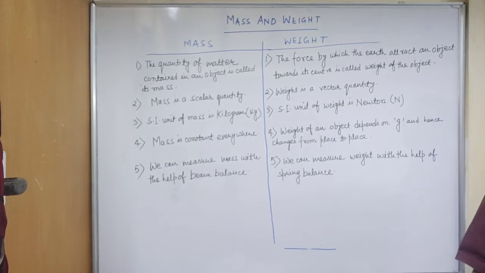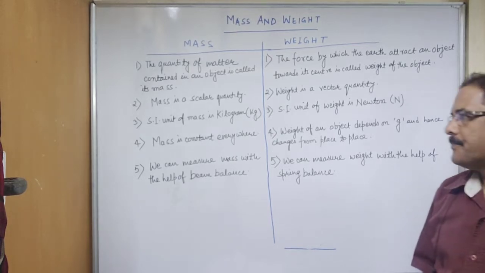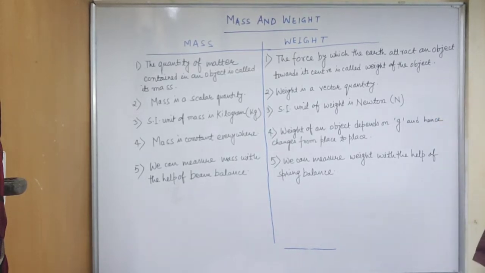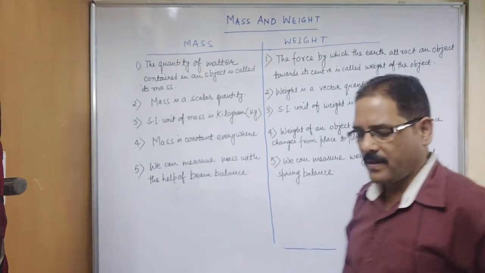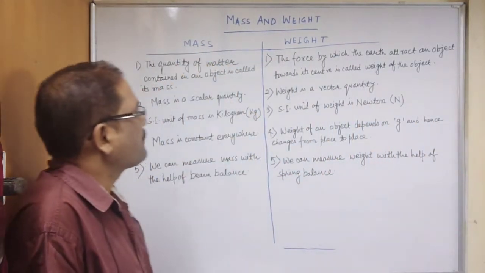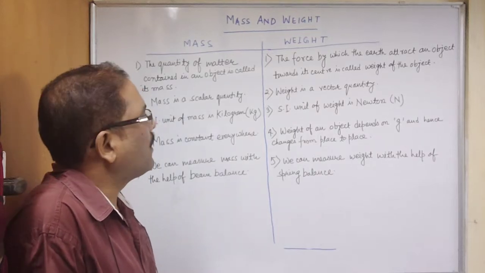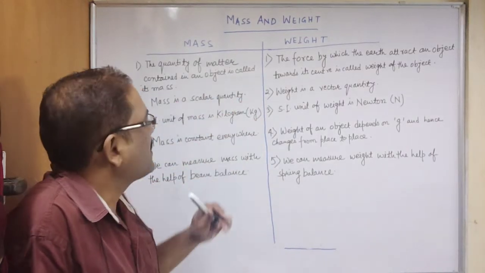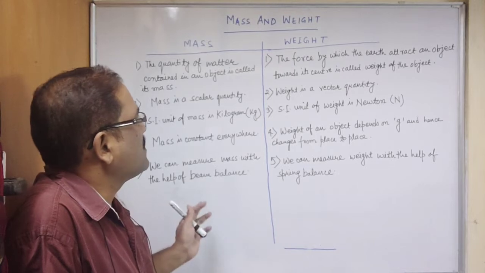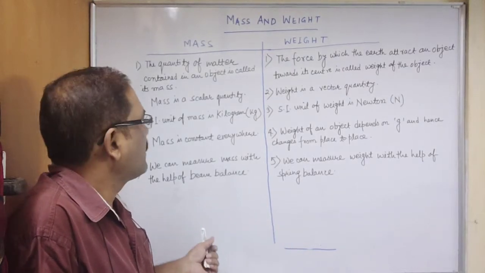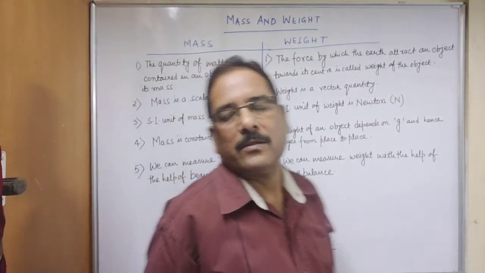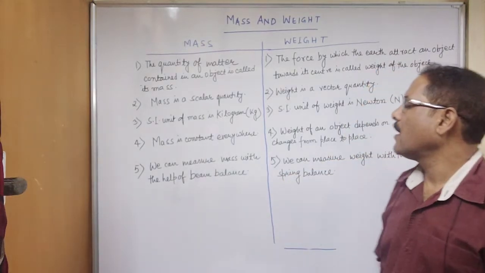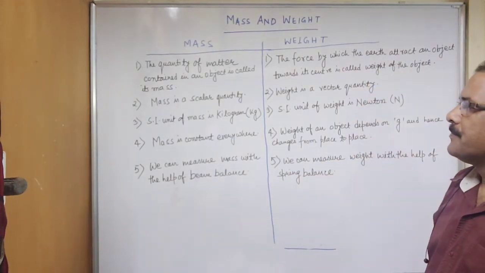And these differences are very important. You must note down these differences in your classwork copy and learn them. First, you know the definitions of mass and weight, and mass is scalar, weight is a vector. Then the SI unit for mass is kilogram and for weight it is Newton.